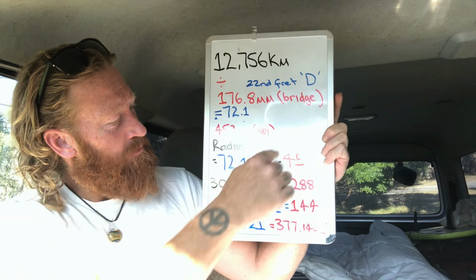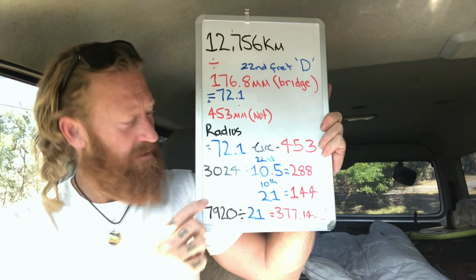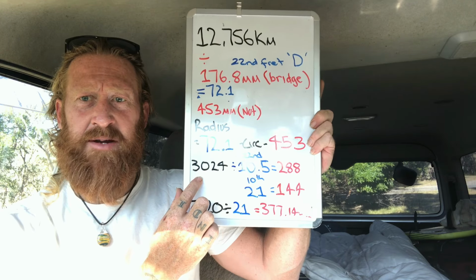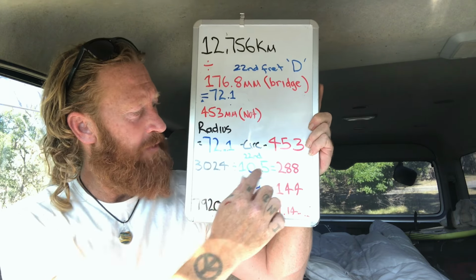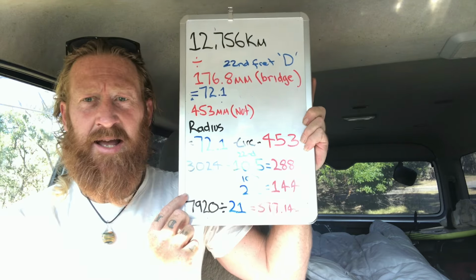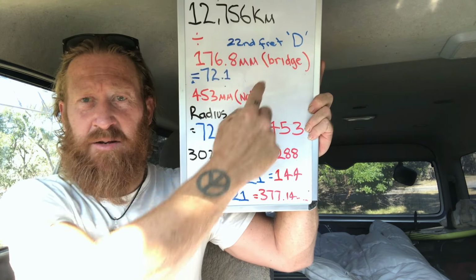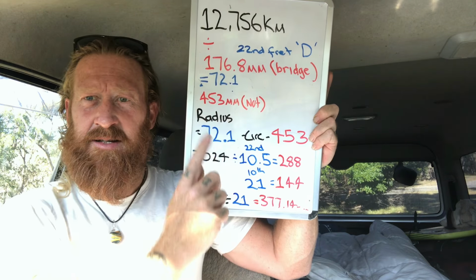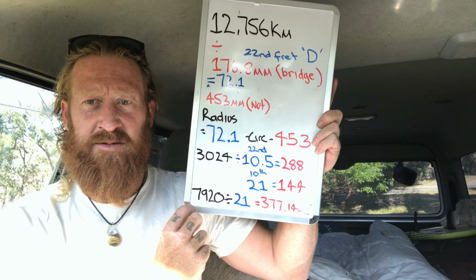We can see that all these things correspond back to each other. Then we take the perimeter of the Great Pyramid, and we divide it by the width of the 22nd fret, which is 10.5 millimeters, and we get 288. So as you can see, we've got the measurement from the nut to the fret, and from the bridge to the fret, and the width of the fret as well.